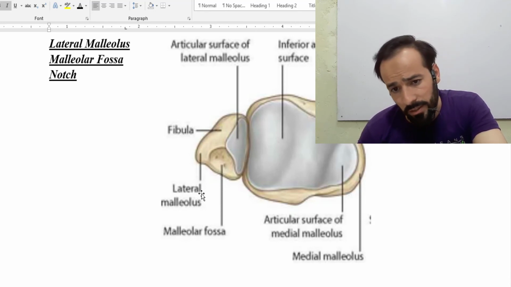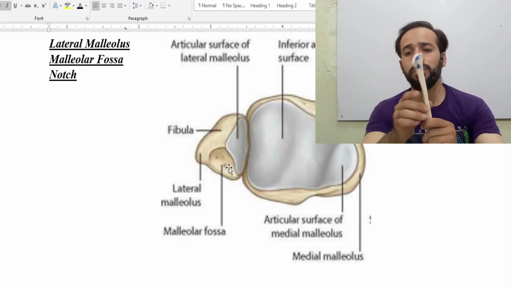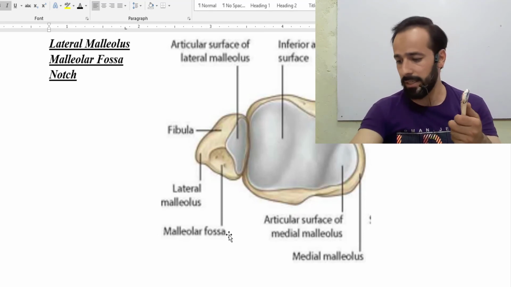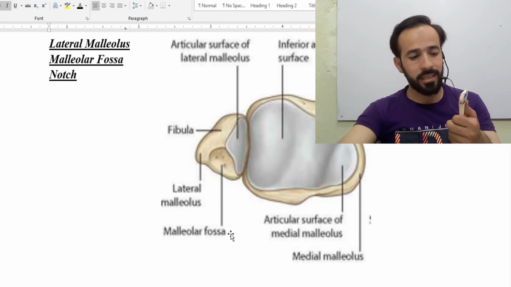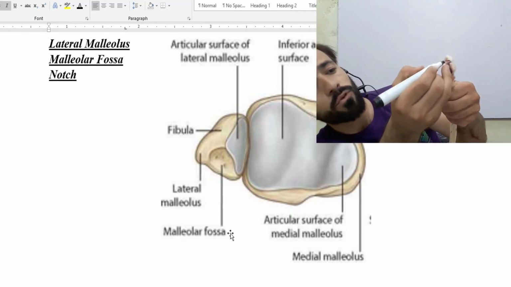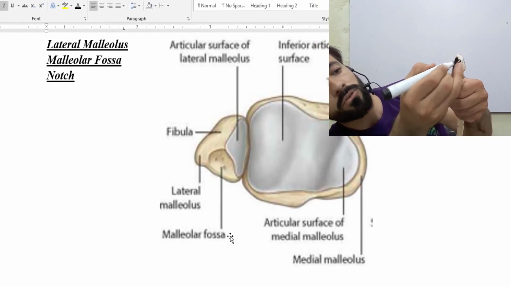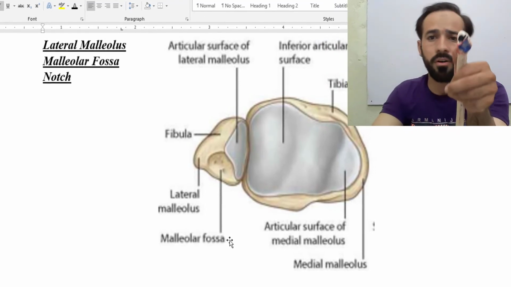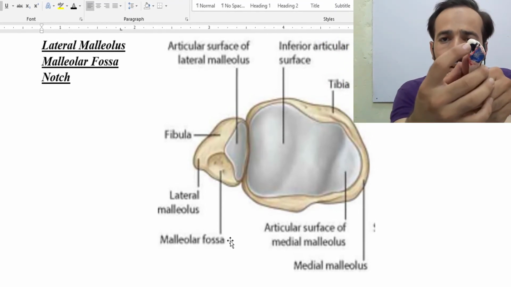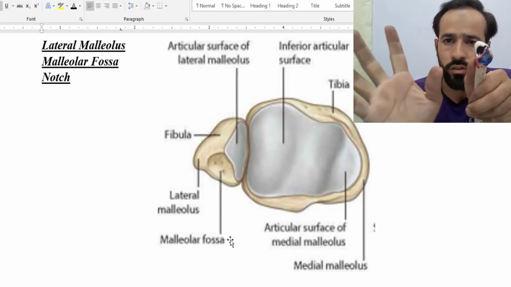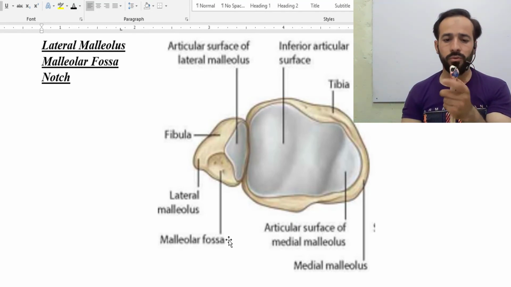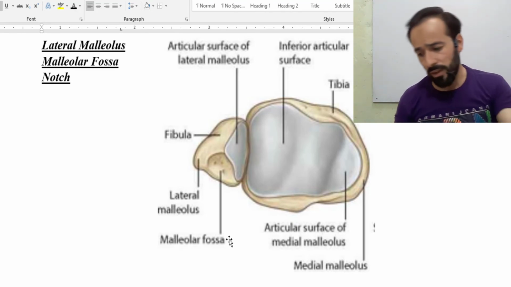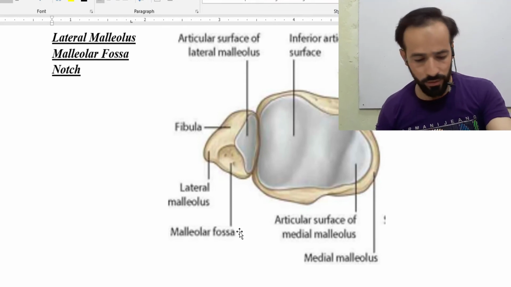And here in this lateral malleolus there is the malleolar fossa. So let me color it here with this black color. You can see there is that fossa here. In the lateral malleolus you have a very depressed part, and this depressed part is called the malleolar fossa, right? So there is the malleolar fossa. And one thing more which is very important, which I will show you in the other bone.